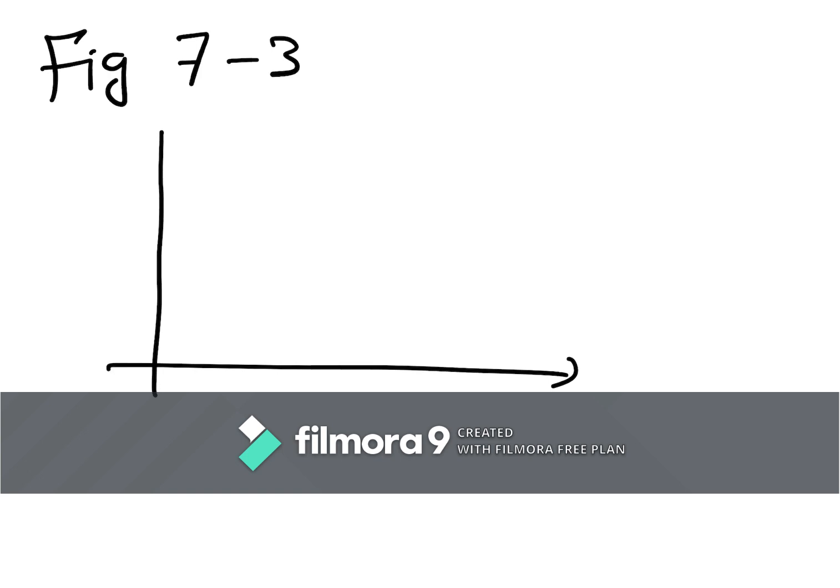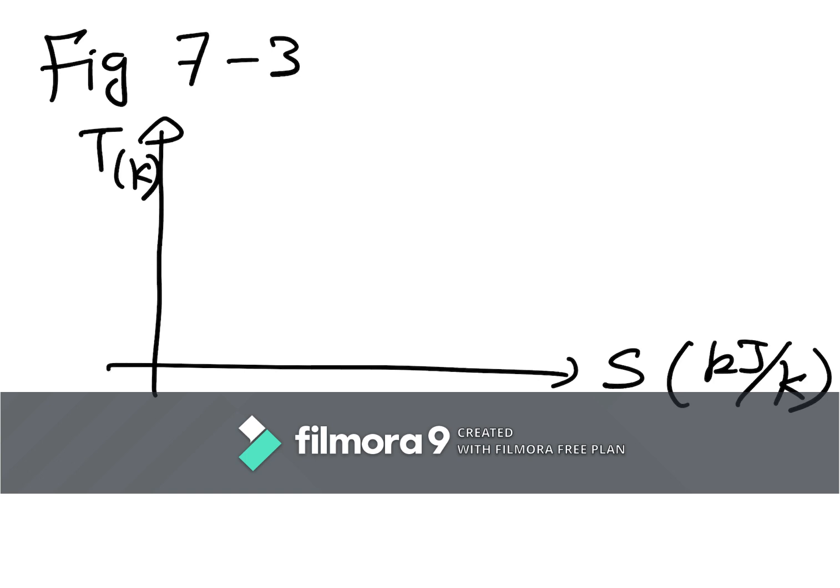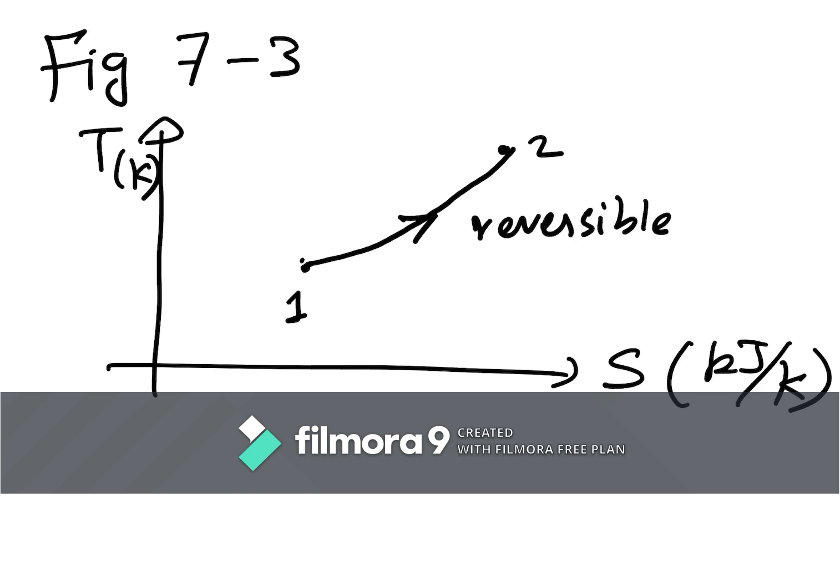If you look at figure 7-3, you can have a process plotted in terms of T and S, with S in kilojoules per Kelvin and T in Kelvin. You can have a state 1, a state 2, a reversible process between 1 and 2, and also an alternate irreversible process from 1 to 2.